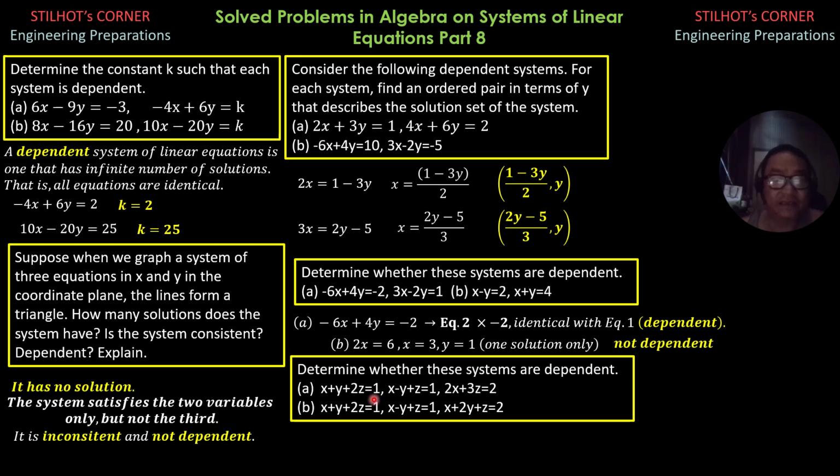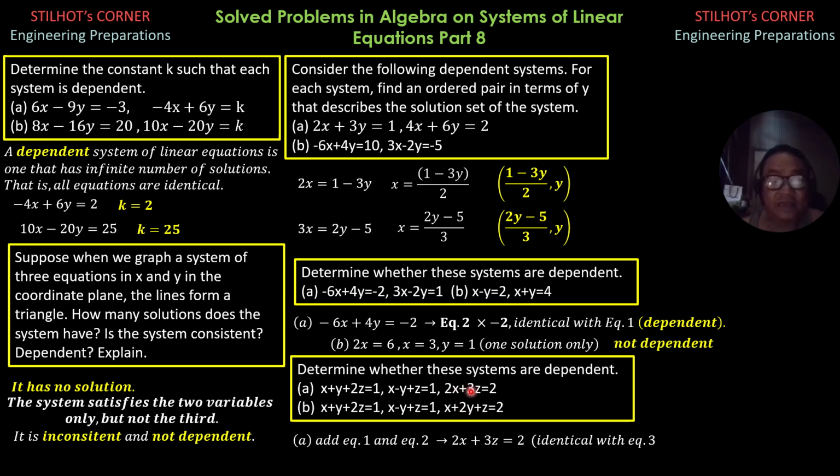Then we have the last one, determine whether these systems are dependent. So three equations in a system. If we add equations 1 and 2, this becomes 2x plus 3z equals 2. Y is eliminated, and the resulting equation is identical with equation 3.